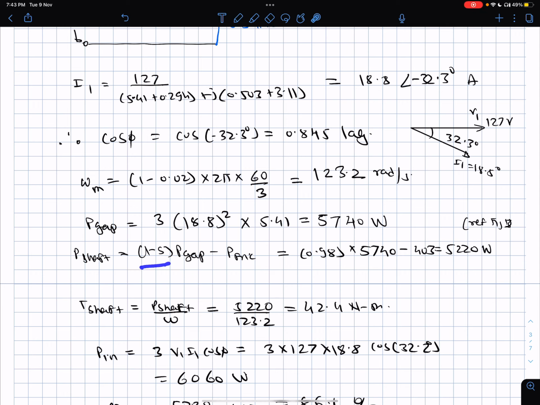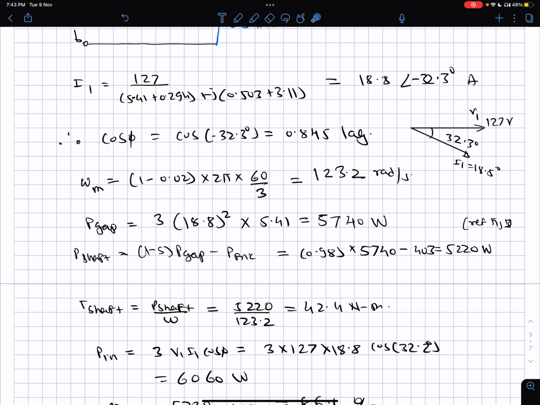Now, of this, (1 minus s) fraction is the mechanical power which is transferred, and s times P gap is the losses in the rotor. So that should be taken away.